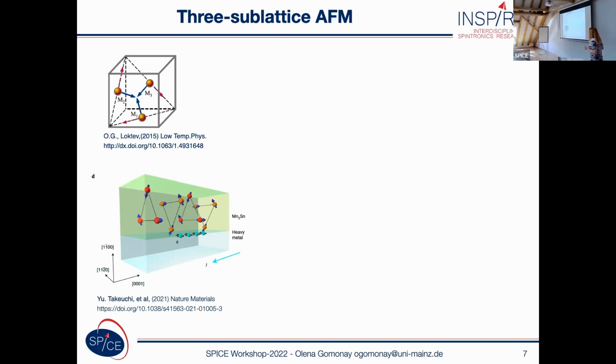So what we did, we considered dynamics of this system in the geometry when the spin current polarization is exactly perpendicular to the easy plane for the magnetic moments, and studied these dynamics in the presence of two types of the spin torques, spin anti-damping torque and field-like torque. So what are the results of this study?